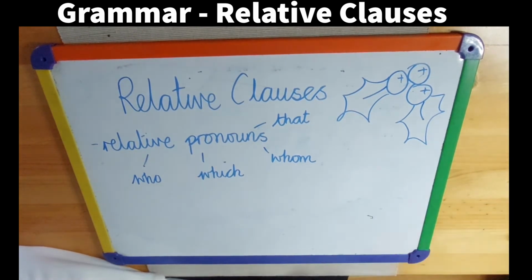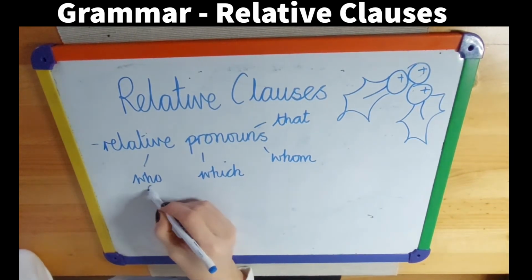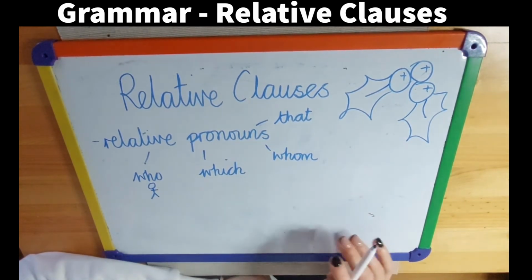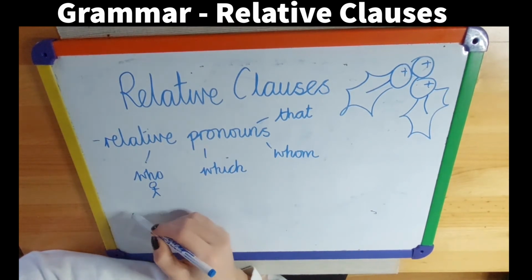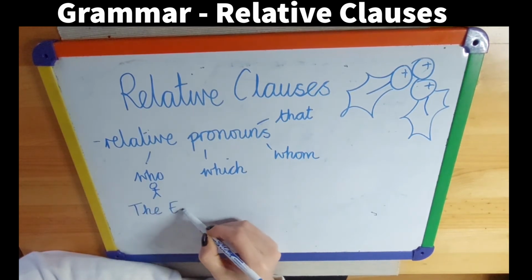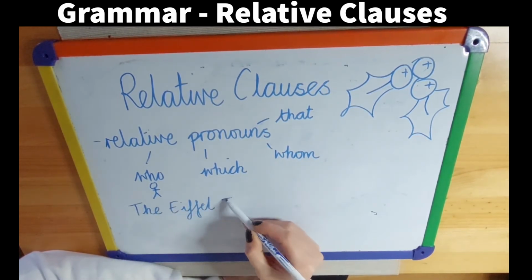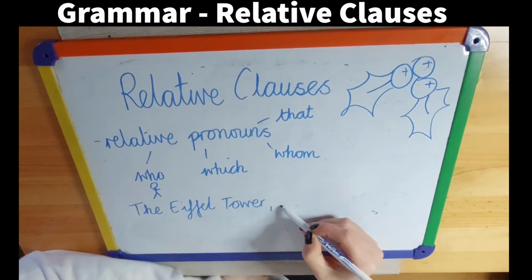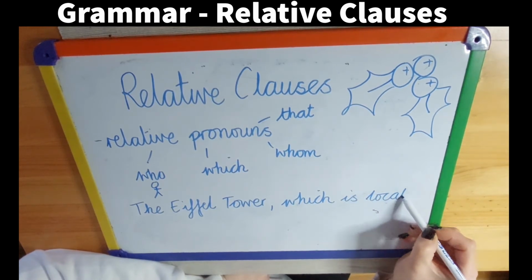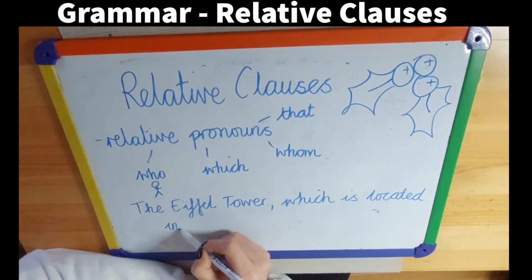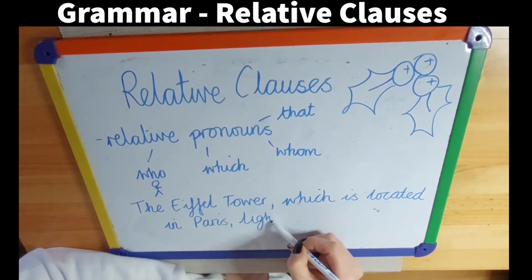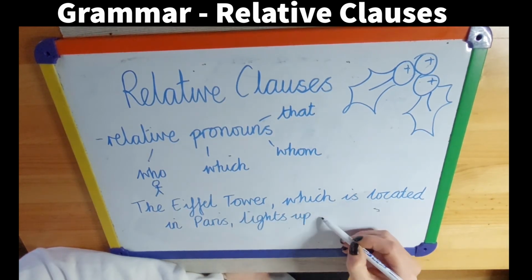Okay, so that was who, used to describe a person. Now I can use that or which to describe an object. So I could possibly say the Eiffel Tower which is located in Paris, lights up at night.